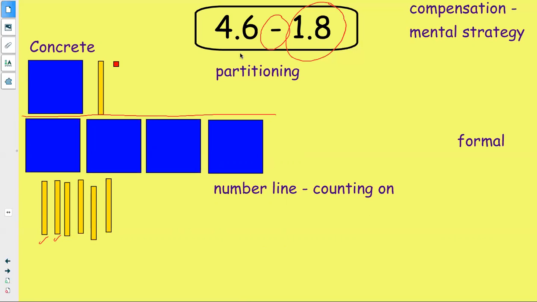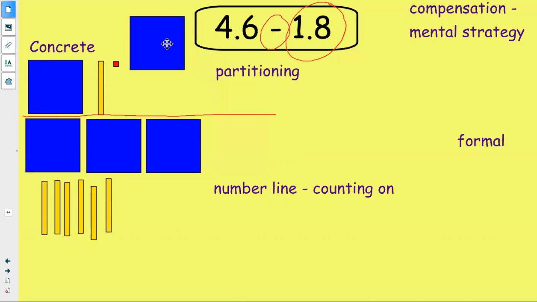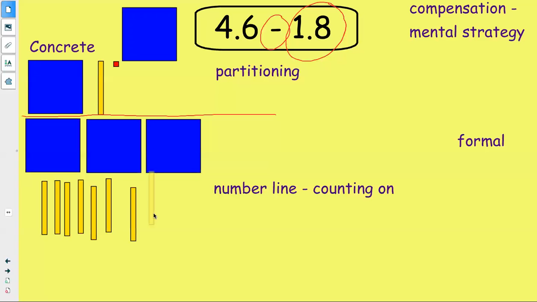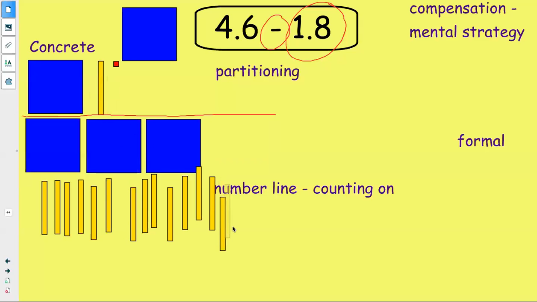I'm going to have to take one of these wholes, so one of these units, put this back into the bank over here, and ask for 10 tenths in exchange. So 1, 2, 3, 4, 5, 6, 7, 8, 9, 10.